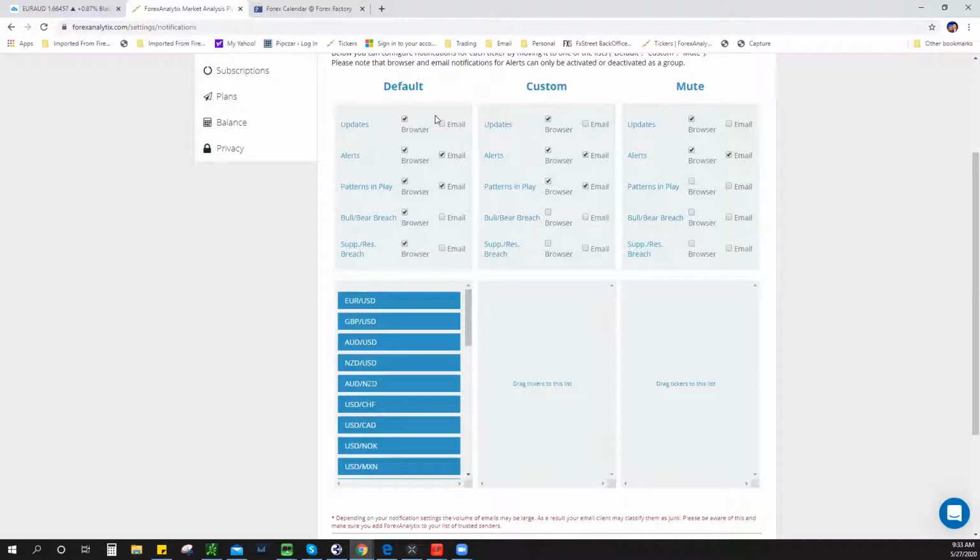You notice how I have some of my emails not checked because I'm the one that does them, and I don't need to get all of the updates, or my email box would get completely swarmed.